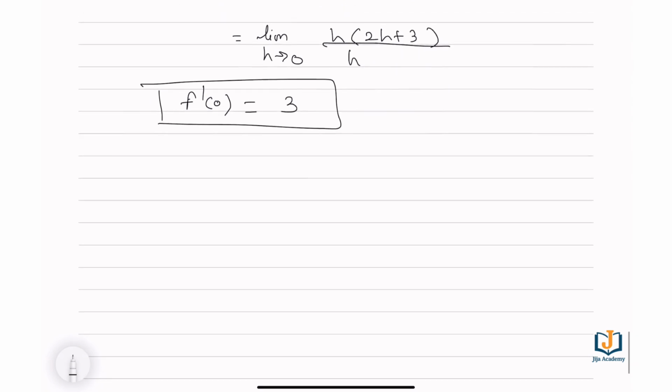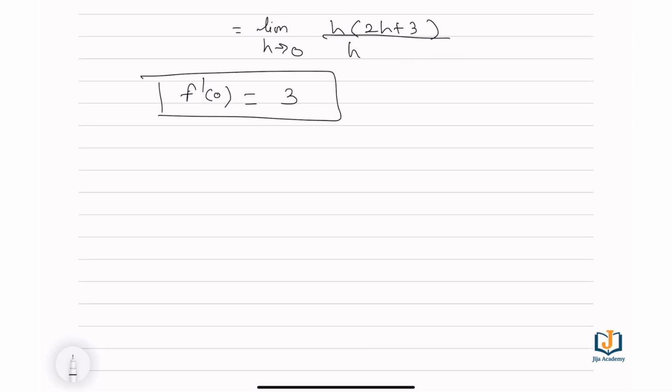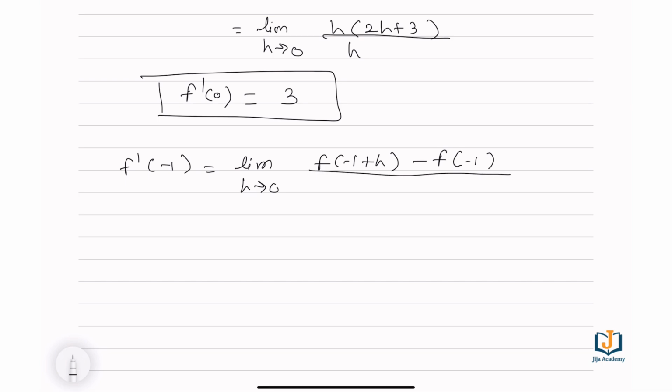Now we are finding derivative at minus 1 is equal to limit h tends to 0 f of minus 1 plus h minus f of minus 1 divided by h.